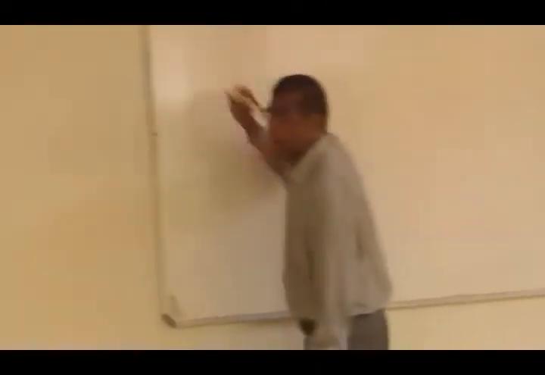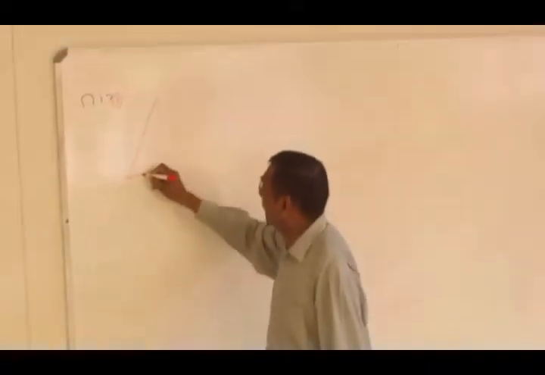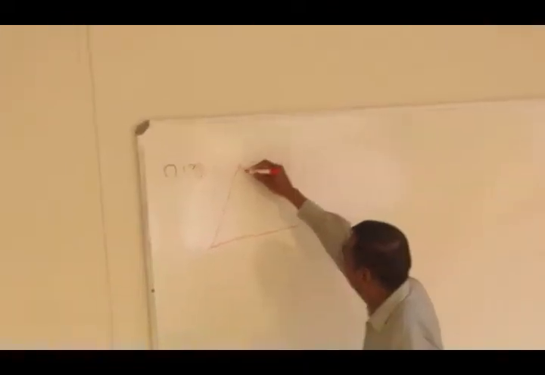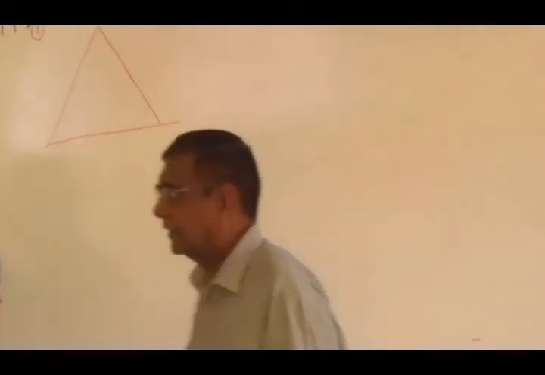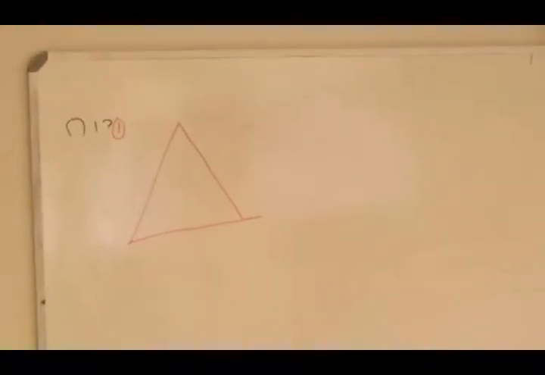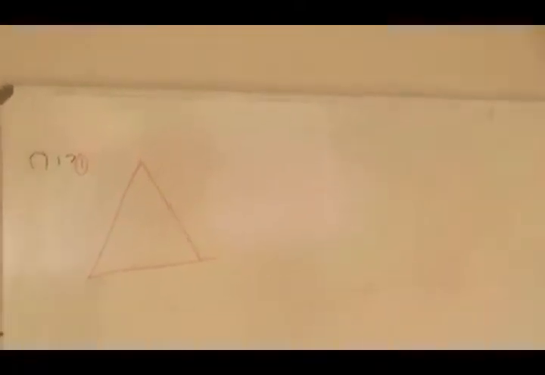So what I'm going to do is show you standard cases of similar triangles. In other words, if you've got a triangle like that, now, how to find similar triangles? It's going to be a challenge all the time, finding similar triangles somewhere.